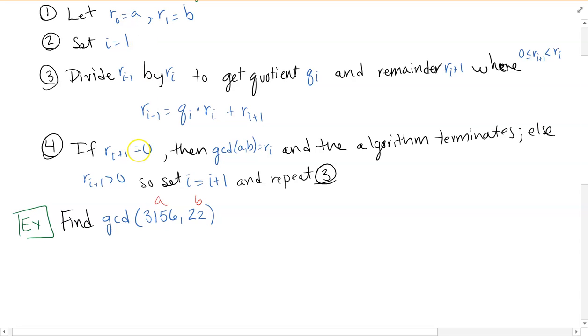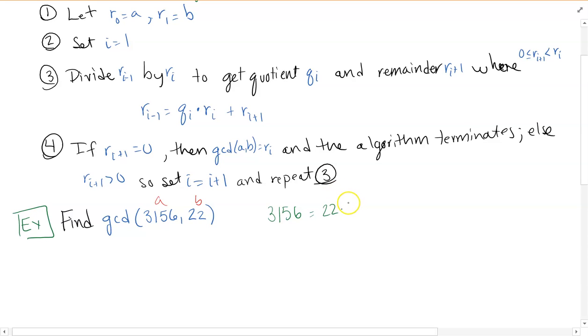We define A and B. We set this i, which is really just a counter. You don't really need to keep track of it. But the idea is that we need to continuously do the division algorithm. So here we go. We have 3156, and we need to express this as 22 times a number. I take my calculator and do 3156 divided by 22.